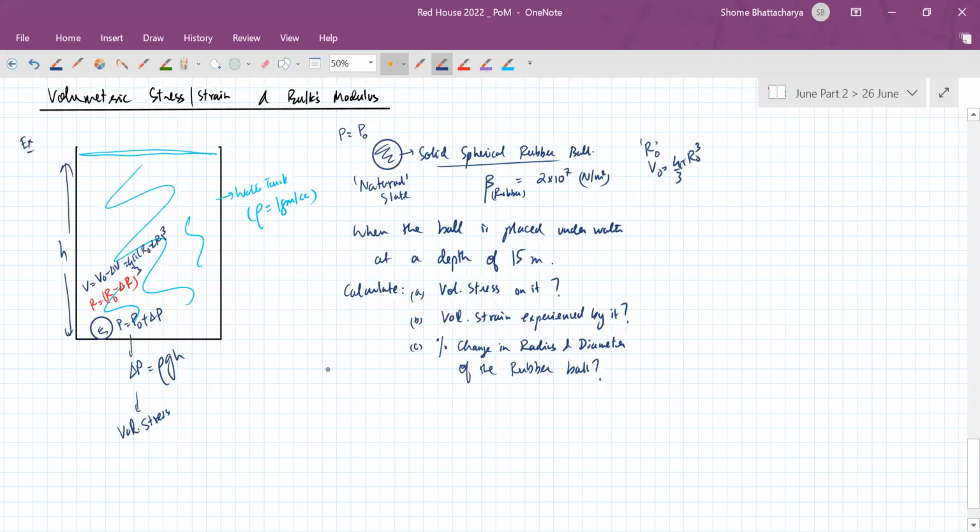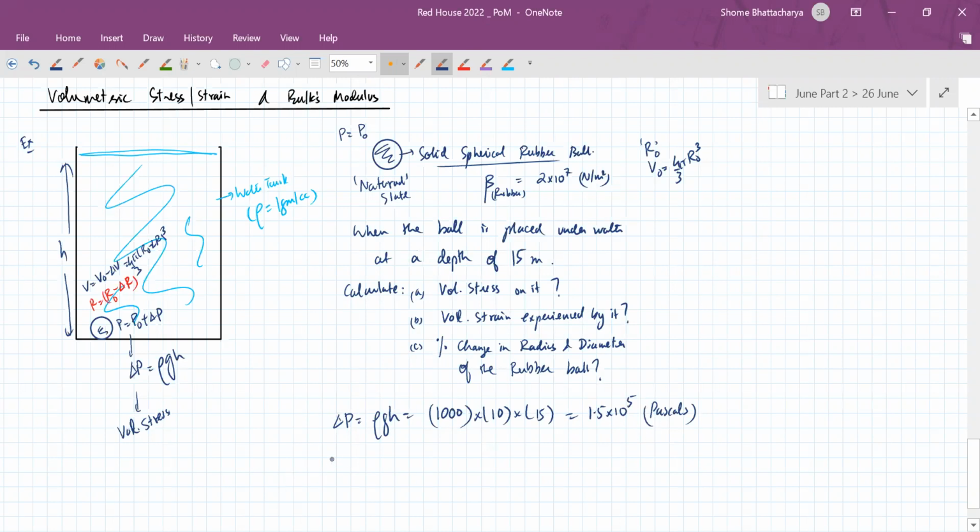So what we can understand is that volumetric stress is 1000 kg per cubic meter into, let's take 10 meters per second square, into the depth which is given to us as 15 meters. So it is 1.5 into 10 raised power 5 pascals. It is 1.5 atmospheres in fact.